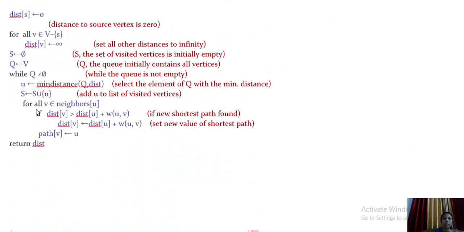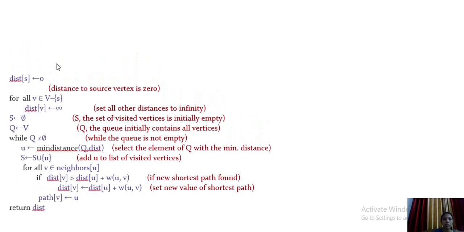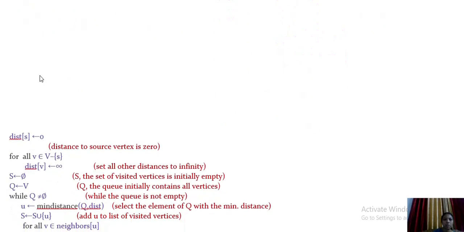So that is what we did here. The distance of the source is initialized with 0. And then we have started from the source S. Who is our S now? A. We are going to take A as our source.